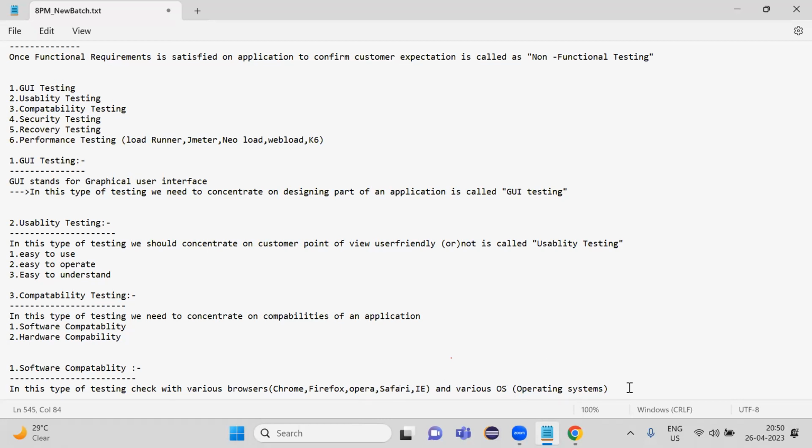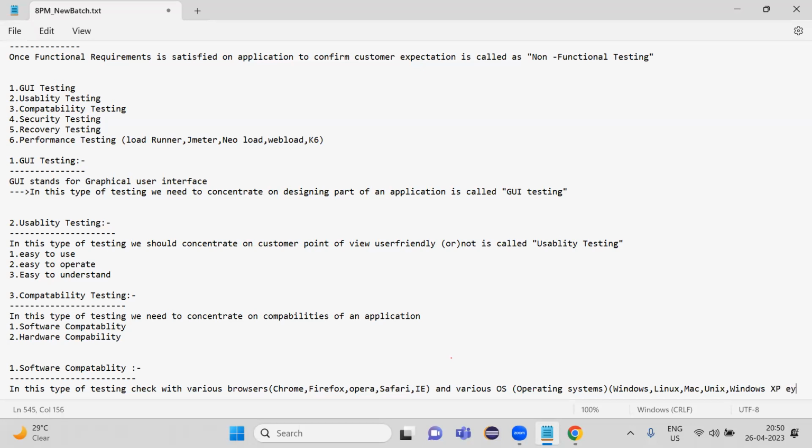Coming to operating systems, what are the different types we are having? Linux, Windows, Mac, Unix, Windows XP.